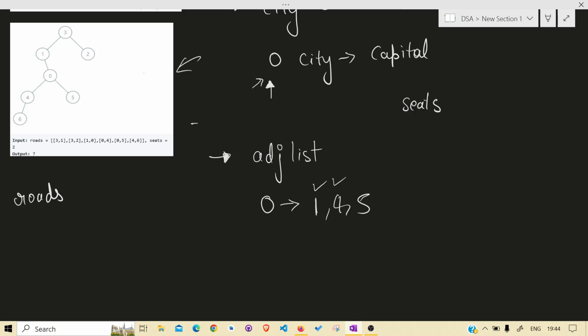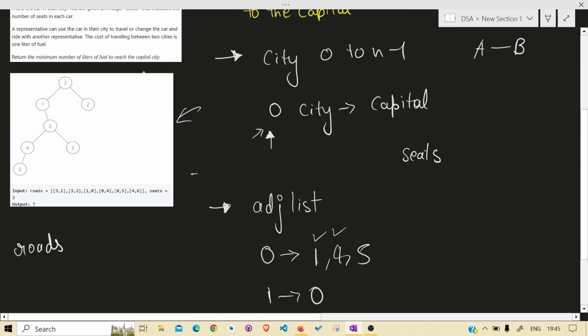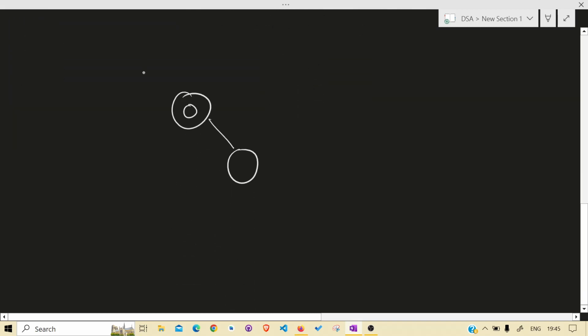If 0 is connected to 1, then 1 is and will be connected to 0, vice versa, like this. So this much is clear, and let's make this graph over here to understand a little more and get to our solution.